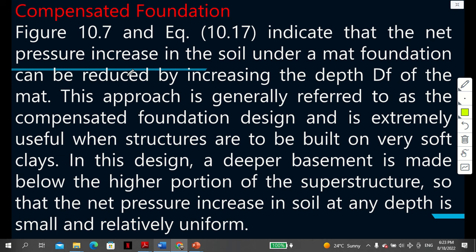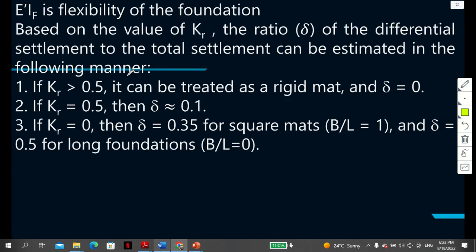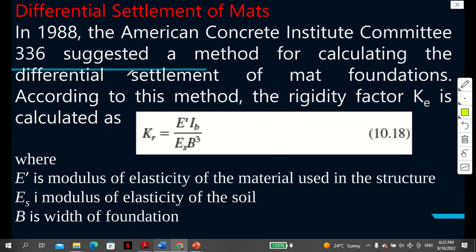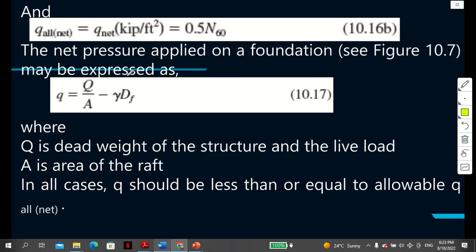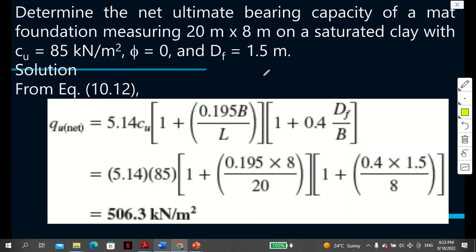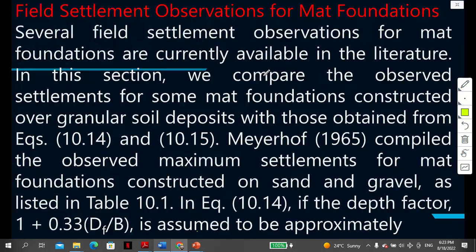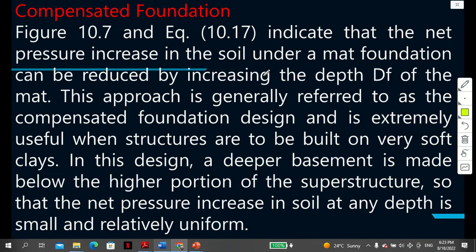And equation 10.17, this equation here indicates that the net bearing pressure increase in the soil under mat foundation can be reduced by increasing the depth of the mat foundation. Yeah, that's obvious.